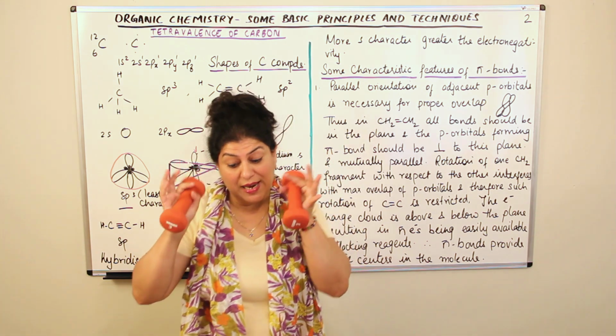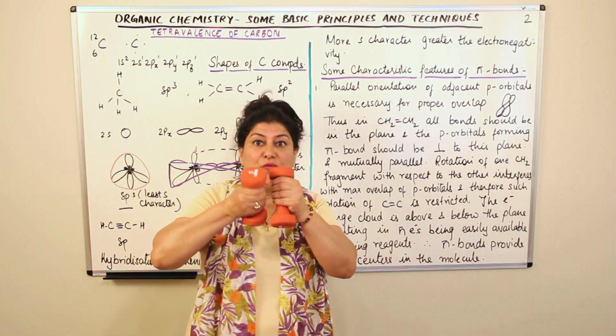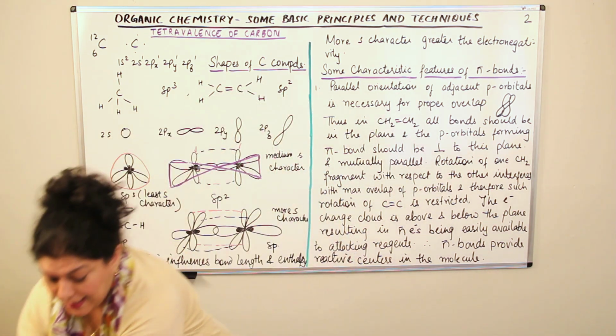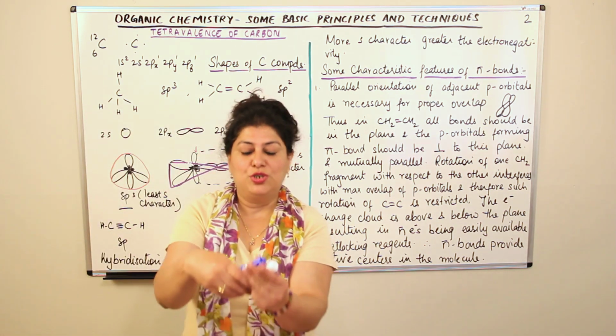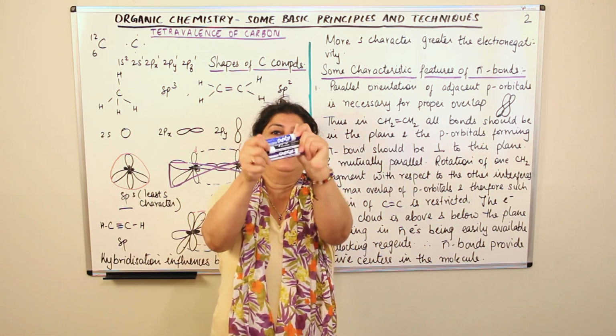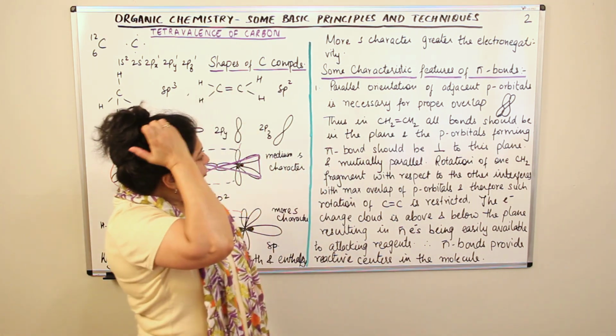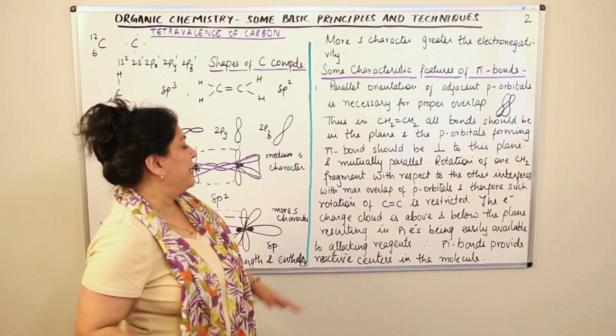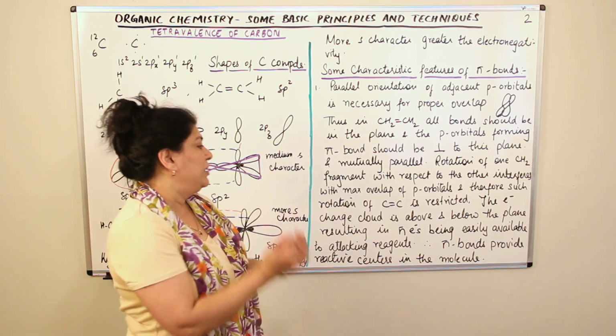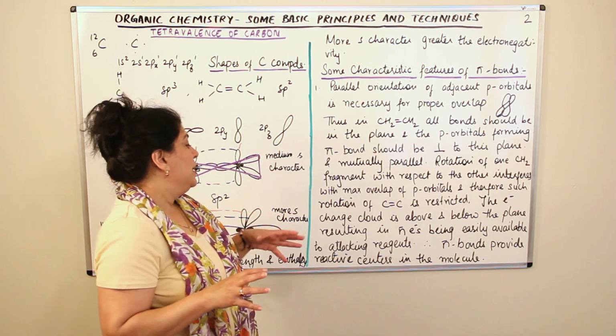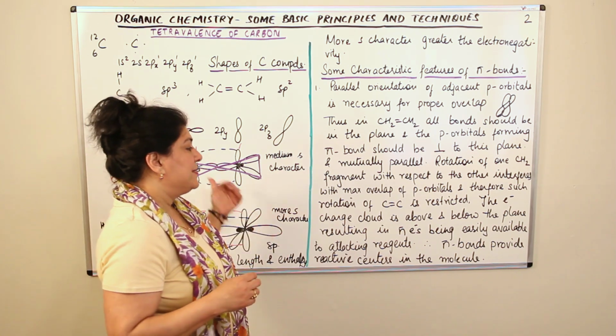It will not be allowed, for one reason, that the p overlap would be disturbed. Secondly, the attraction between the two would be so much that the movement is not possible. So rotation of one of the CH2 fragments with respect to the other interferes with maximum overlap of the p orbitals, and therefore such a rotation of the C double bond C is restricted.